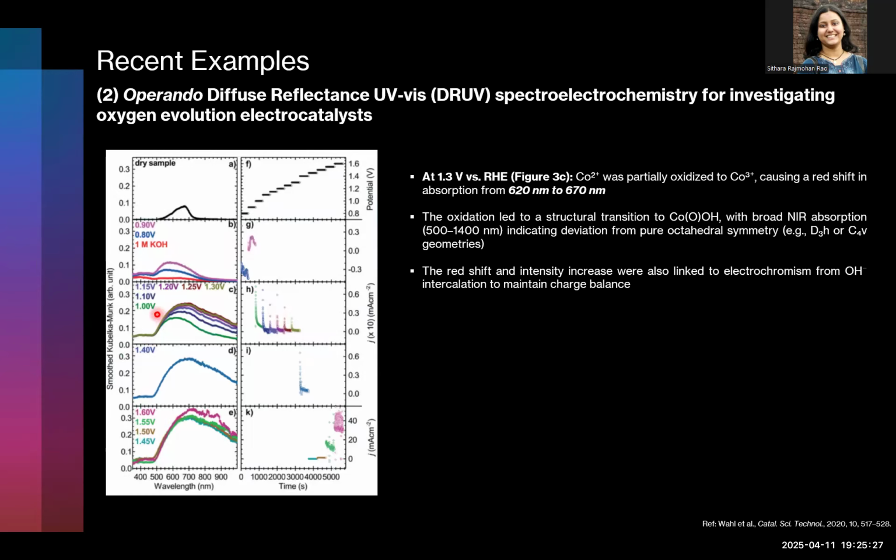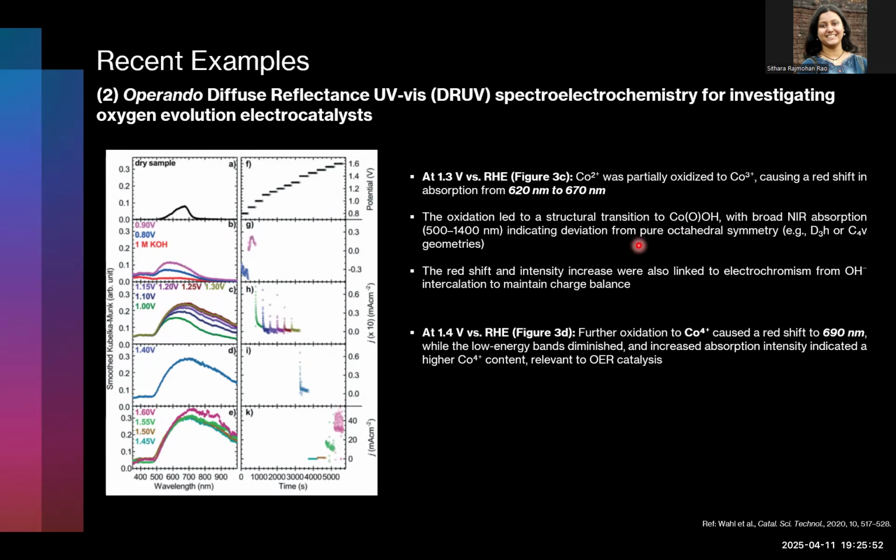As the potential was further increased from 0.9 to 1.3 volt, we see a continuous redshift from around 620 to 670 nanometers. They assumed this was because the cobalt 2+ is getting partially oxidized to cobalt 3+, leading to another structural transition from Co(OH)2 to something like CoOOH. This also indicated a deviation from pure octahedral symmetry to something like D3h or C4v geometries.